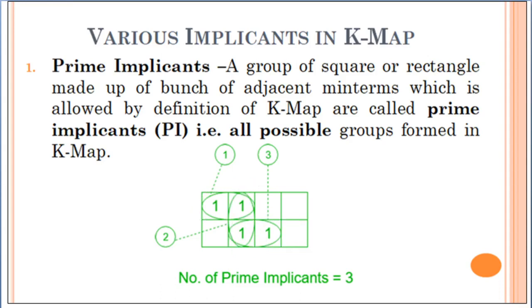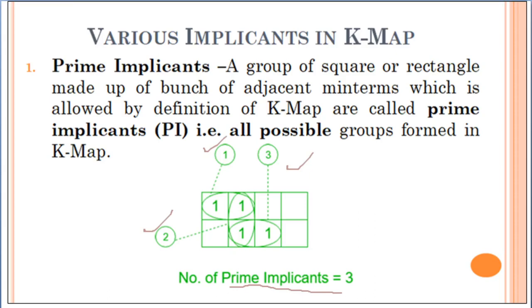Now we have three groups, that means 1, 2 and 3. First group, second group and third group, and these three groups are known as prime implicants. The objective of minimizing a logical function is to determine the smallest number of prime implicants that together cover all the min terms for the given function.